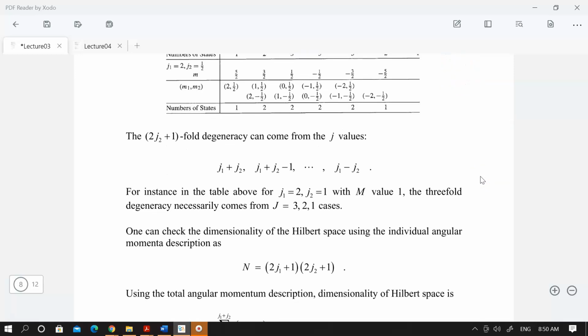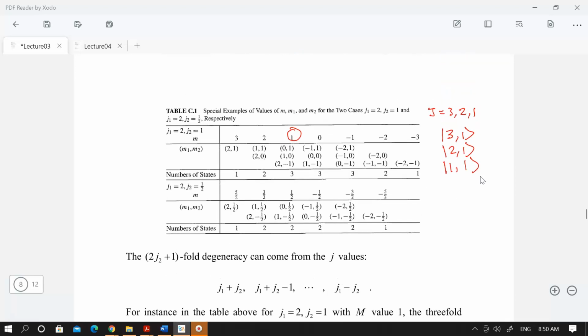You can actually see there are degeneracies over here. For example, here is only double degeneracy, but you have a unique state which corresponds to the highest state over here, 2, 1, that corresponds to M1 equals 2, M2 equals 1, which should give your capital M equals 3. Similarly, over here is unique.